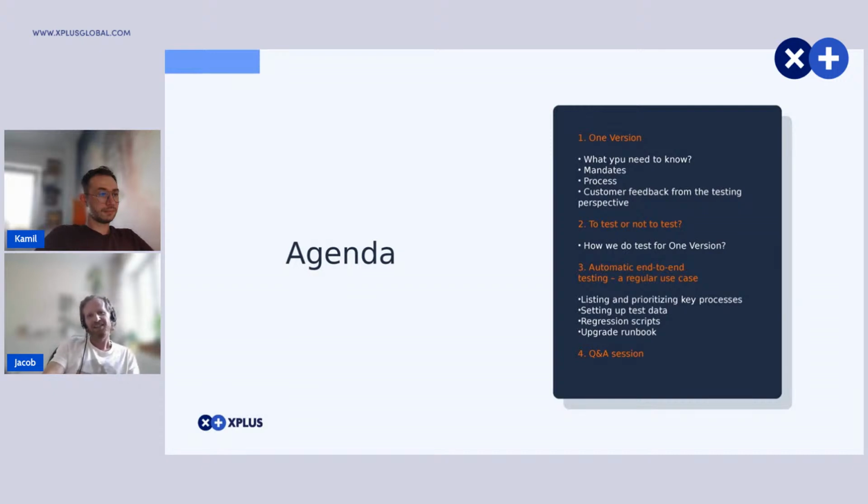All right, so, one version. I think most of the people joining in are probably quite familiar with it, but there are a few things that are important to point out. We'll talk about what you need to know. We'll talk specifically about some mandates, requirements that Microsoft has that you need to follow.